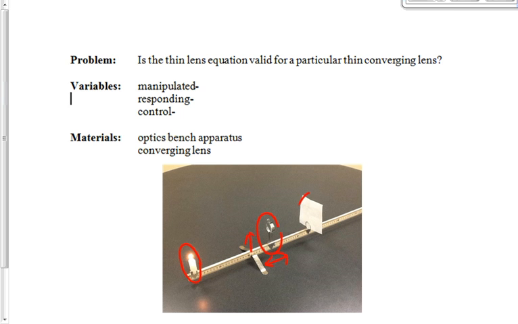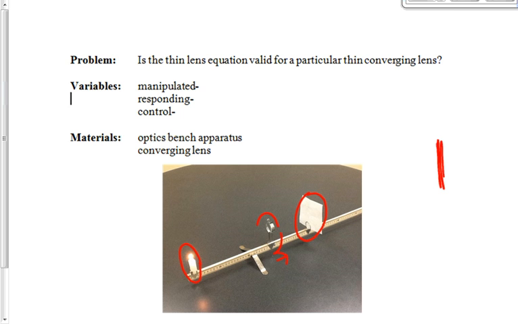The card, the screen, may have to be placed way back here in order to see the image. We want to use as much of the meter stick as we can. We don't want to waste all this space up here. So let's keep the object at the end of the meter stick, and then let's just simply move the lens in order to change the object distance. That allows us to use the entire meter stick instead of wasting this bit at the beginning. All right? So change the object distance, but do it by changing the position of the lens.